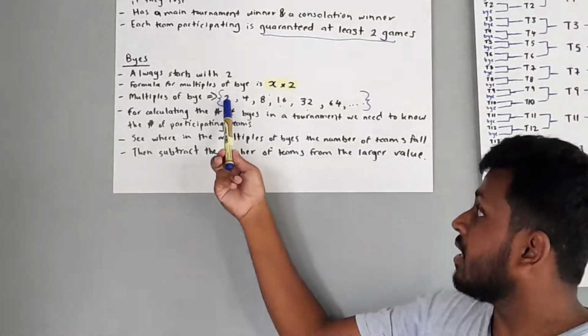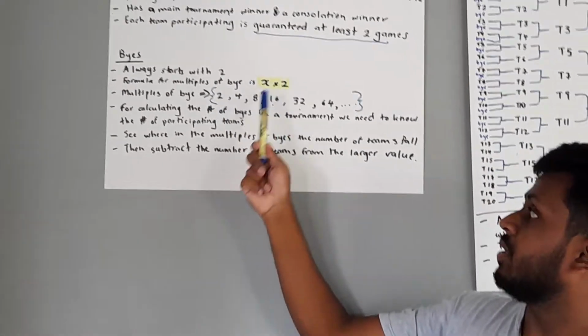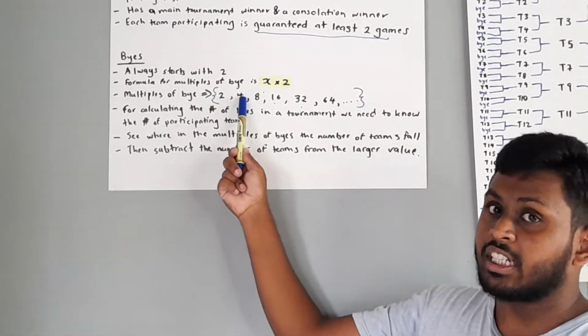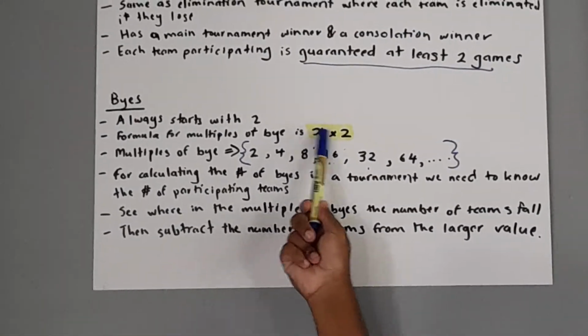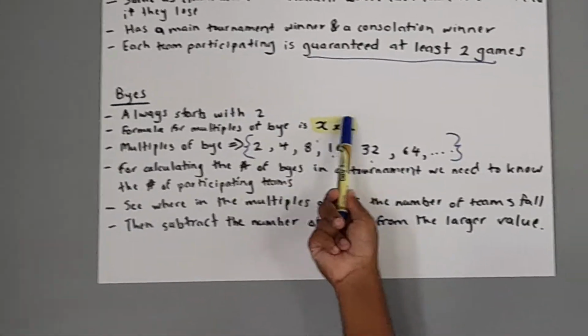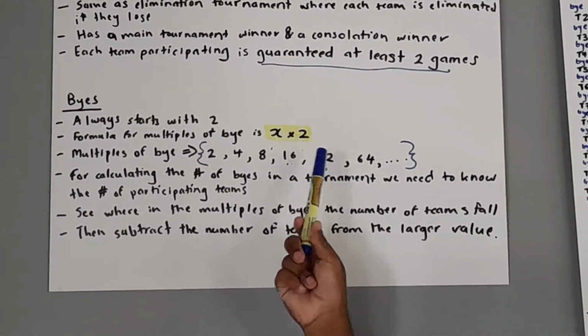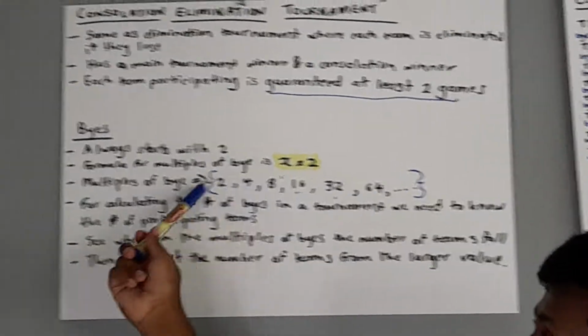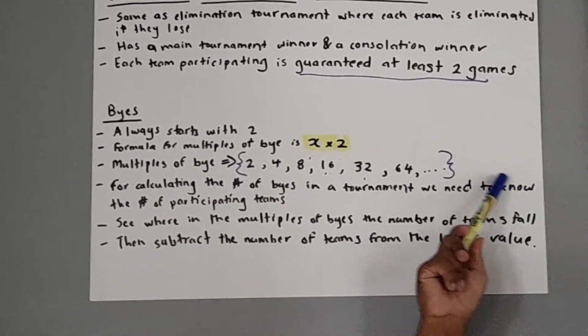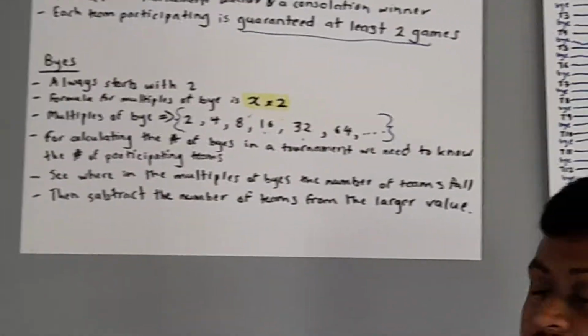To get the next number, 2 times 2 gives us 4. 4 times 2 gives us 8. 8 times 2 gives us 16. 16 times 2 gives us 32. 32 times 2 gives us 64, and so on. So these are the multiples of bye, and it is a very important thing which we will use later.